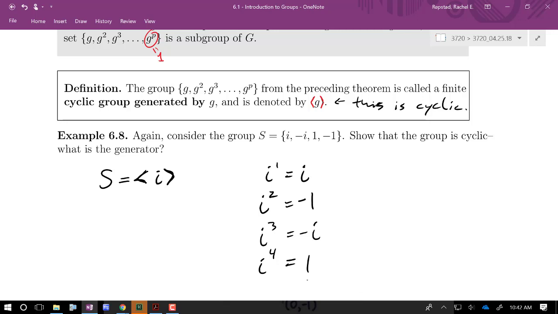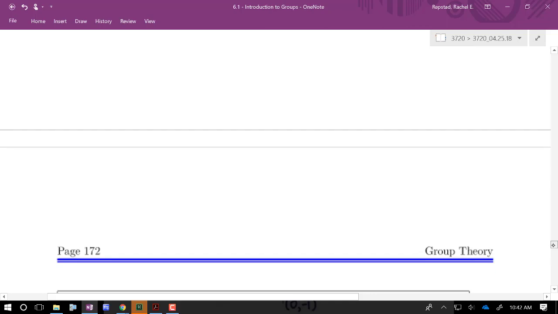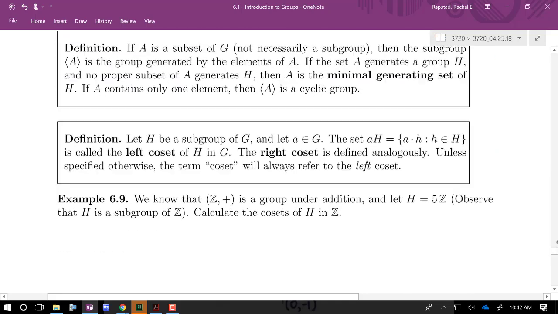We can extend this idea of generating a group with an element by saying, what if we grab another element, right? So let's say we have a group, G, and I take some subset A. It doesn't have to be a subgroup, just some collection of elements. I don't even care if the identity is in it.